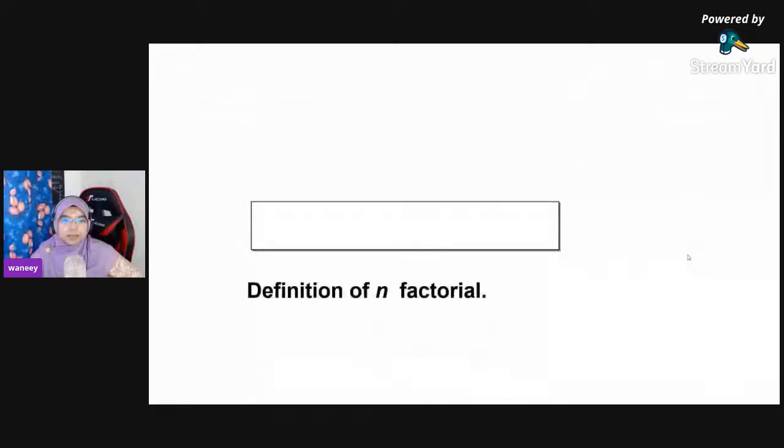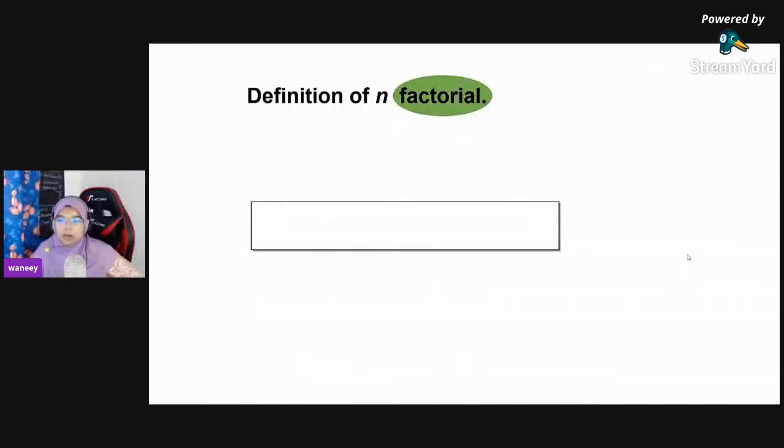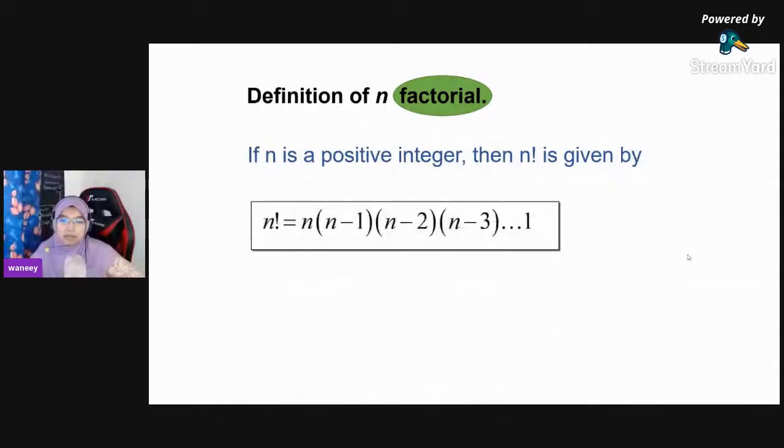Next. Okay, so the definition of n factorial. If n is a positive integer, then n factorial is n times n minus 1 times n minus 2 times n minus 3 and so on, up until 1.